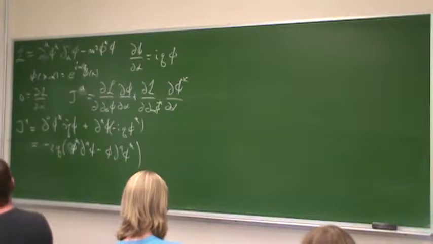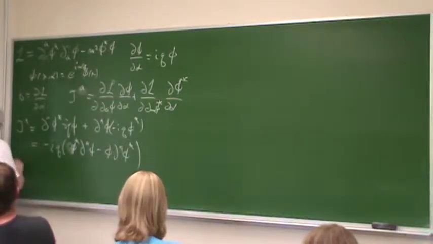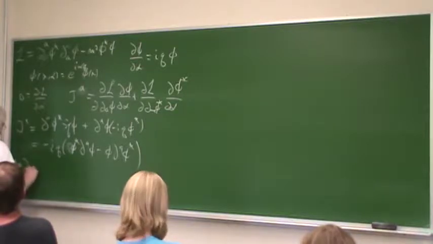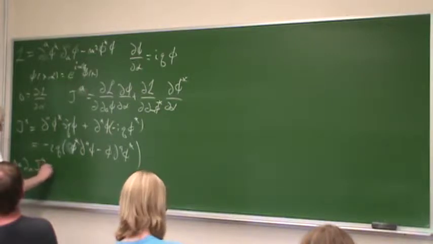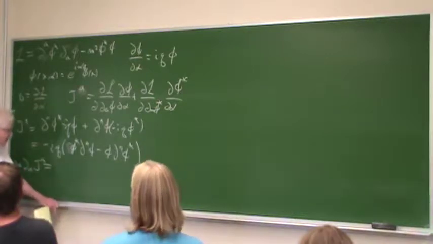All right, so that's our current. And this current then should be conserved, that is to say d_A J^A should vanish when the fields obey the equations of motion.